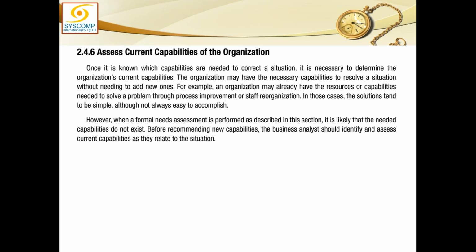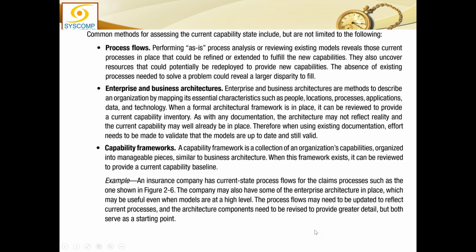In those cases, the solutions tend to be simple, although not always easy to accomplish. However, when a formal needs assessment is performed, as described in this section, it is likely that the needed capabilities do not exist. Before recommending new capabilities, the business analyst should identify and assess current capabilities as they relate to the situation. So what could be the common methods?